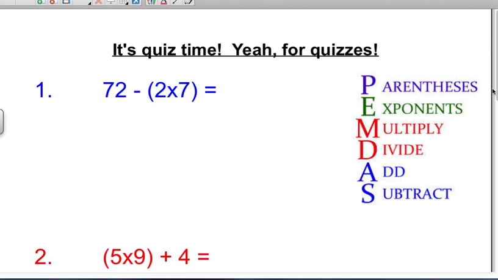Number 1, 72 minus, in parentheses, 2 times 7 equals what? Number 2, in parentheses, 5 times 9 plus 4 equals what? And like I said, you can pause this because I'm just going to keep this moving along.